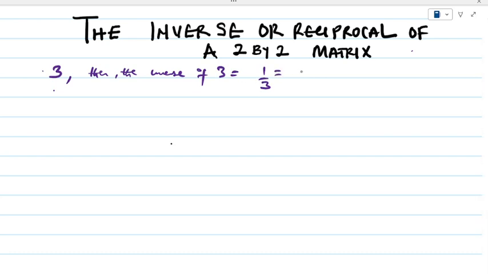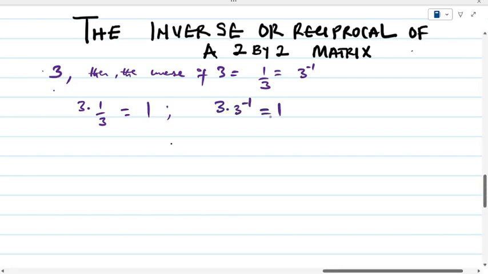Or we can also write it as 3 raised to minus 1 according to the law of indices. But we know that 3 times its inverse will surely give us 1, right? That's what we call the reciprocal. So 3 times 3 raised to minus 1 is equal to 1.